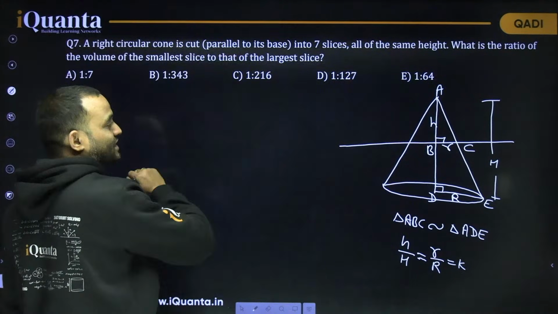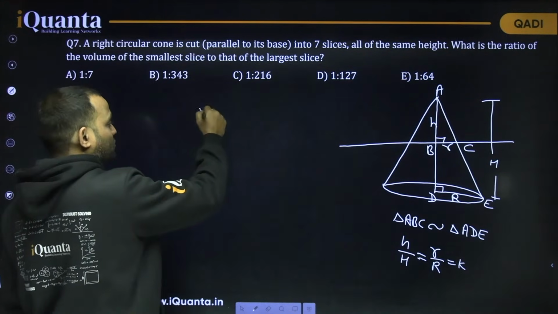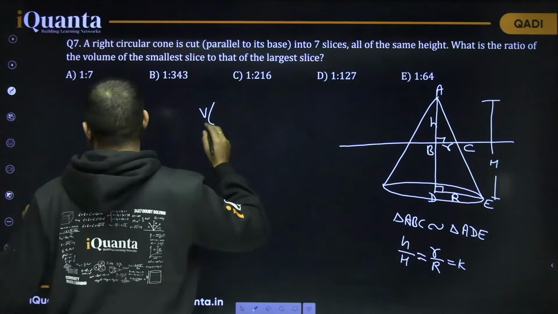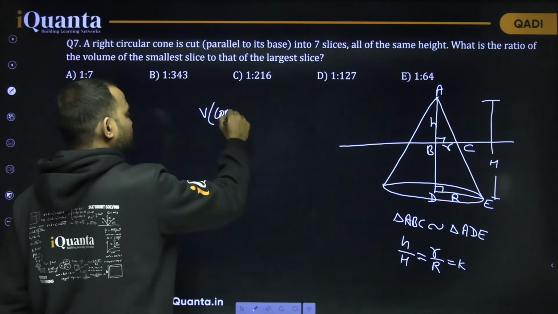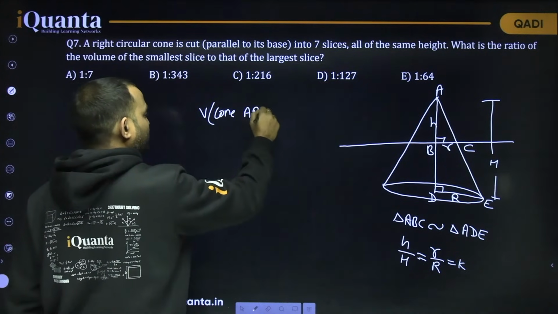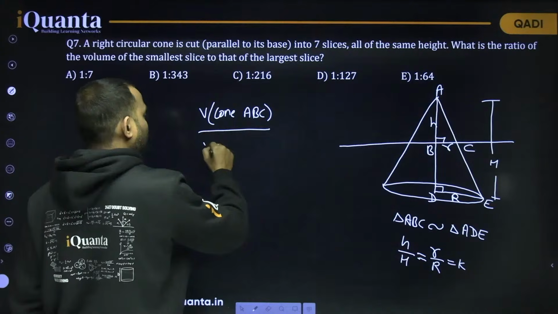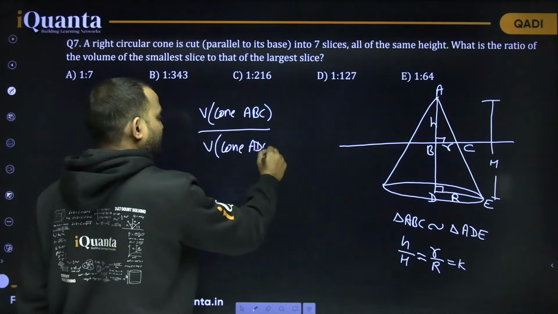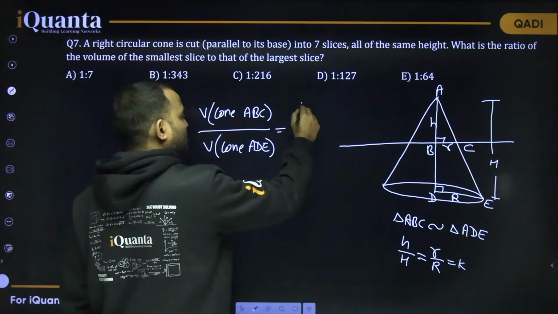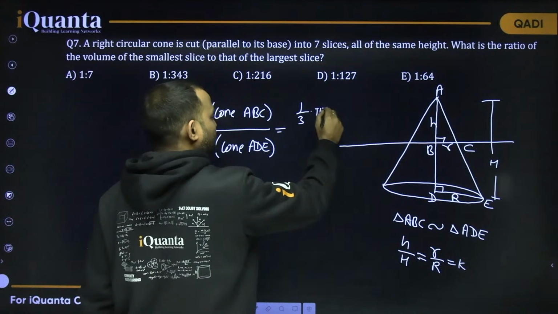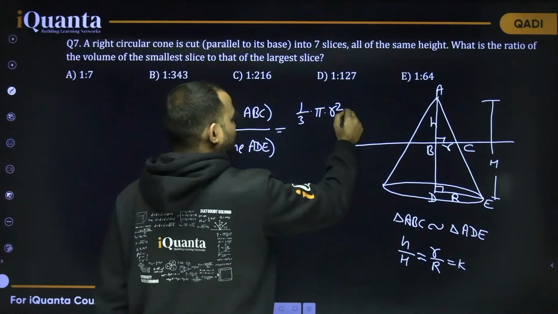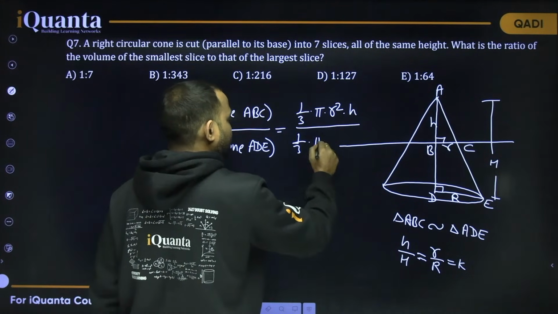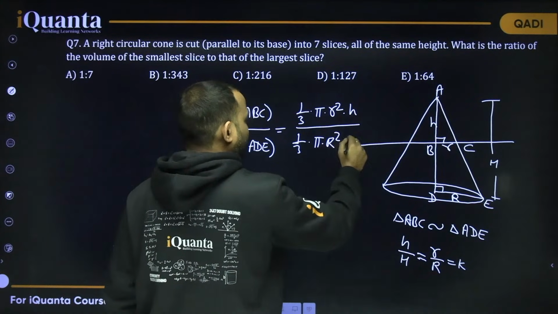Volume of cone ABC upon volume of cone ADE will be equal to 1/3 times pi into R square into H divided by 1/3 times pi into r square into h.